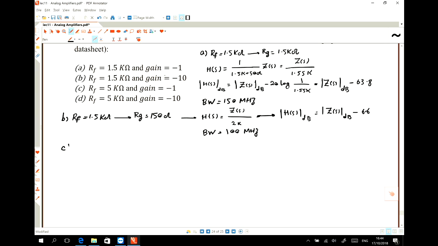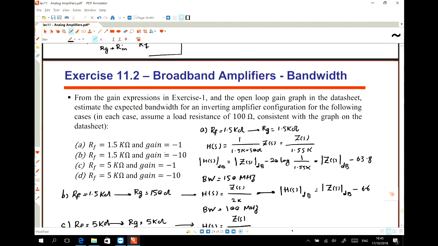For part C, if RF equals 5K and gain equals -1, again RG equals 5K, and this time HS equals ZS divided by, what's the value?